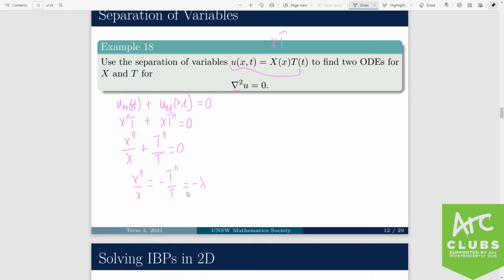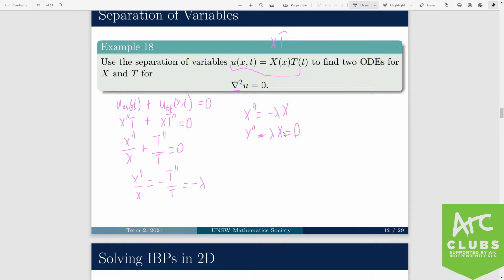And this separation constant just makes writing things easier, right? So X''/X, we don't have to say that's equal to minus T''/T. We can just say that it's equal to minus lambda. So we move this over, we look at the X's. This is X'' equals minus lambda X, and then X'' plus lambda X is equal to 0.